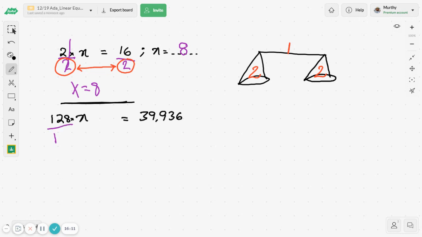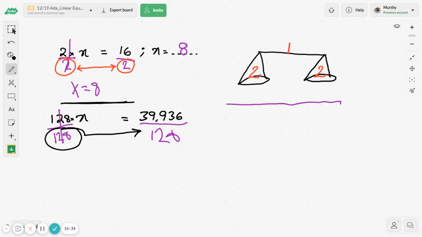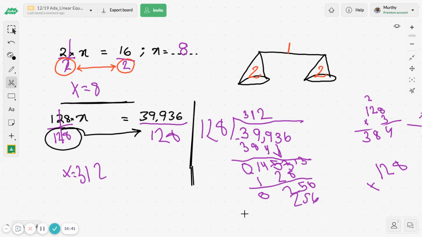You take the same value immediately on the other side in order to avoid mistakes. Good. X equals 312. That's right. Absolutely right answer.